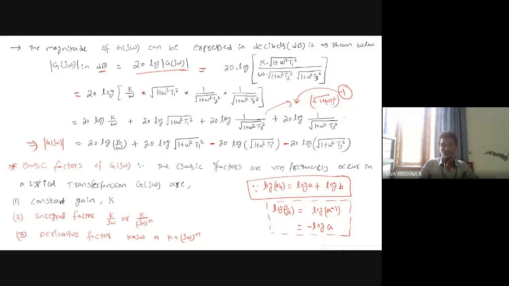This is the thing you have to observe now. The second term also has a reciprocal, so I am taking the inverse and bringing it to the front side, not inside. You can take it like this.